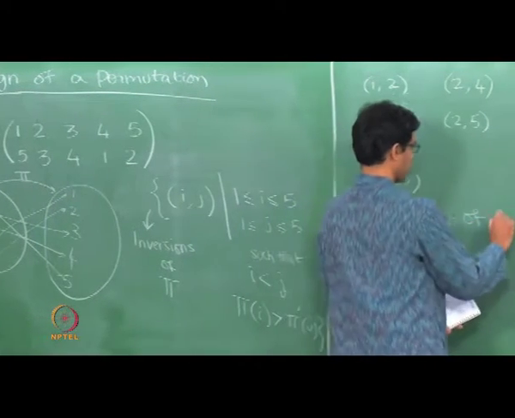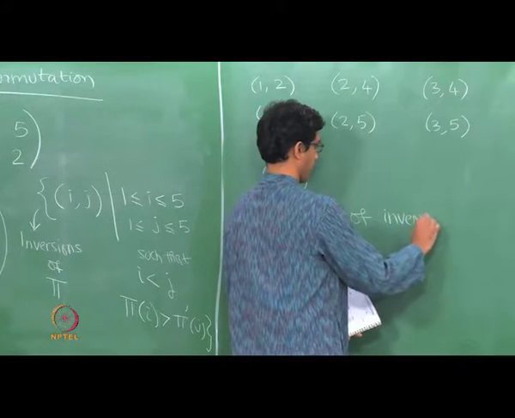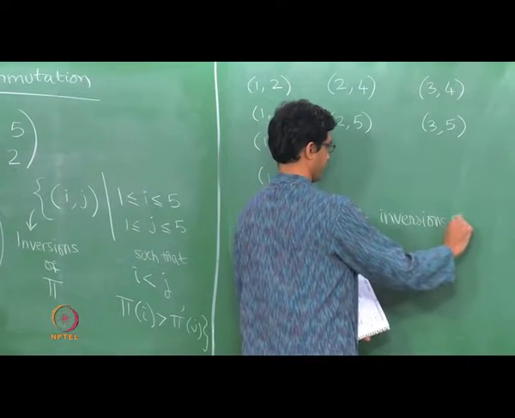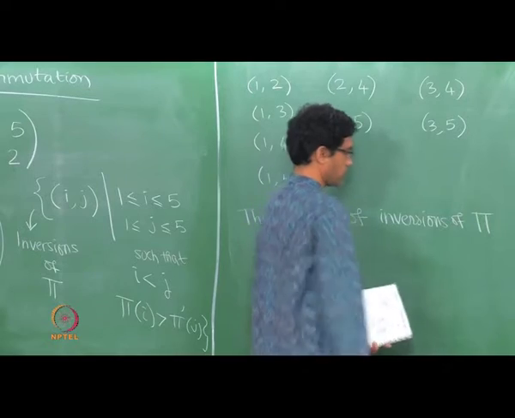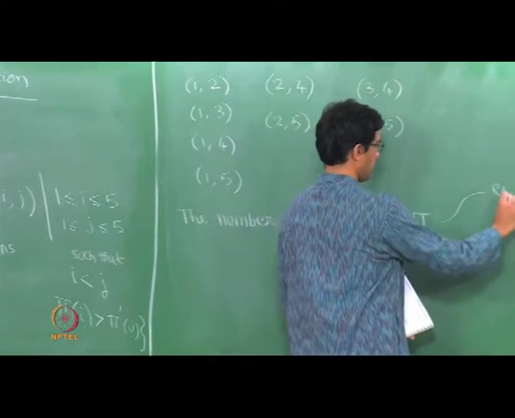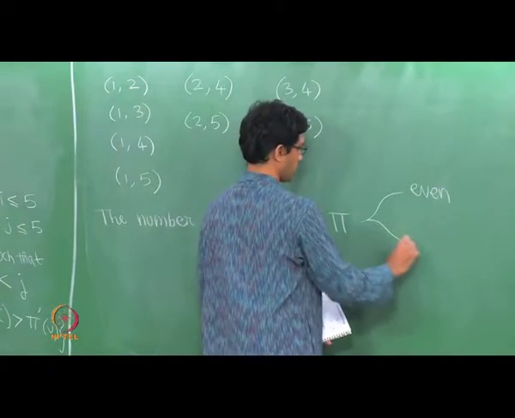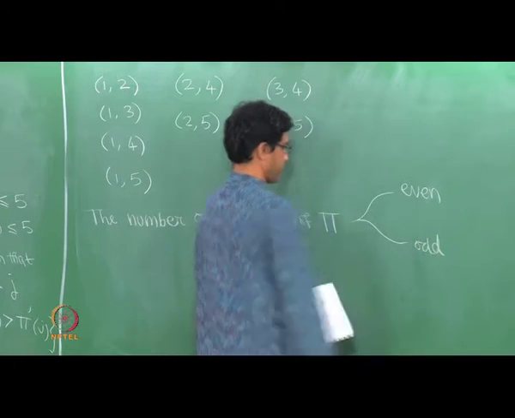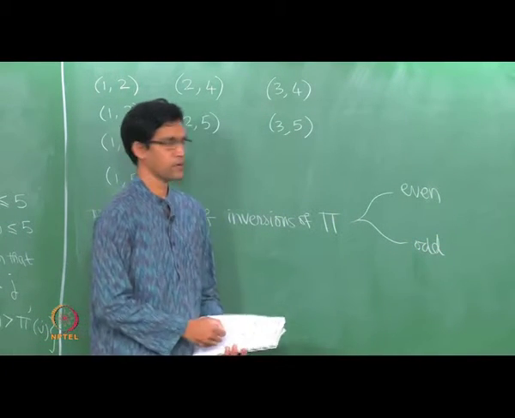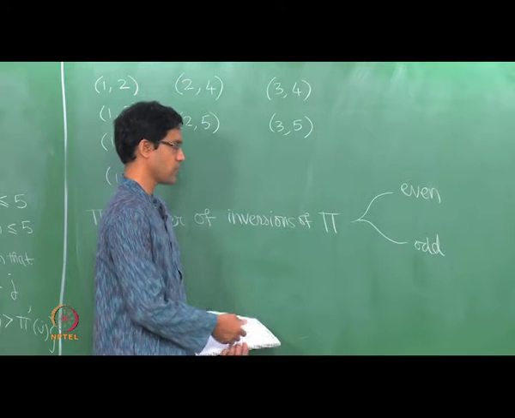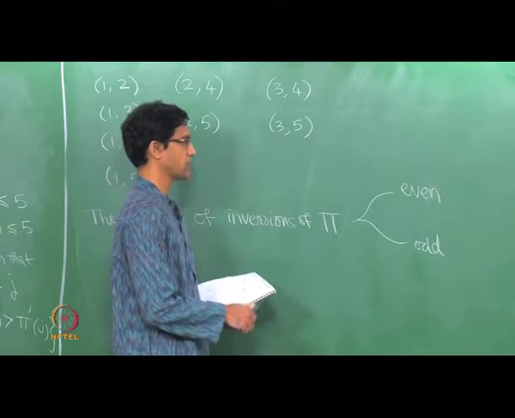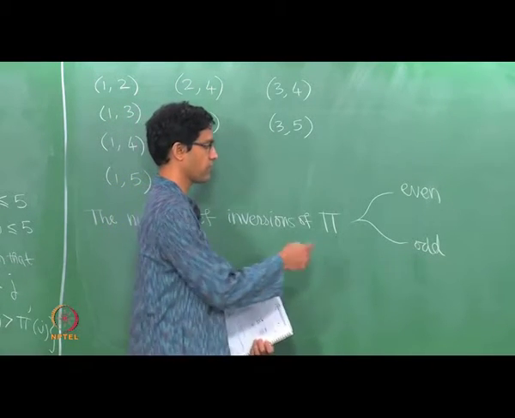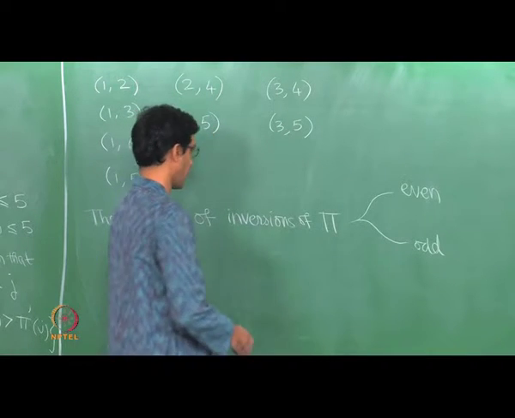The number of inversions of pi: well, there are only two possibilities. It can be an even number or it can be an odd number. If the number of inversions is even, then we say that pi is an even permutation, and if the number of inversions is odd, we say that pi is an odd permutation.